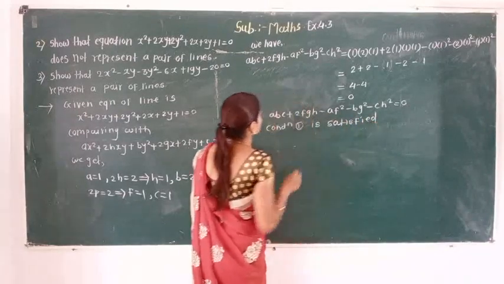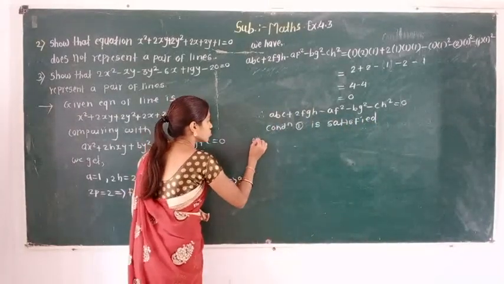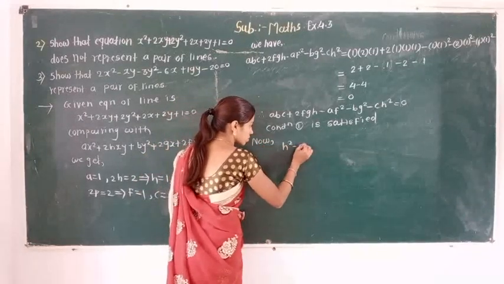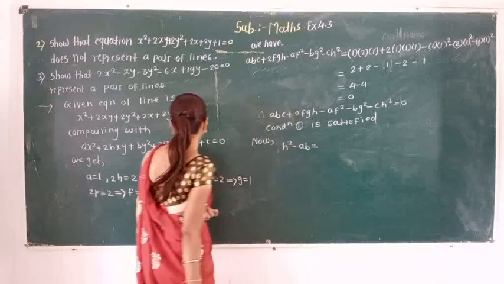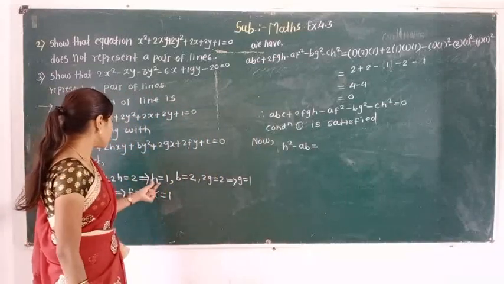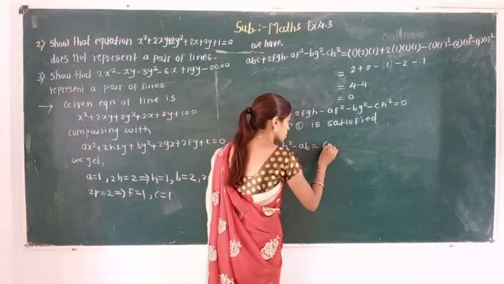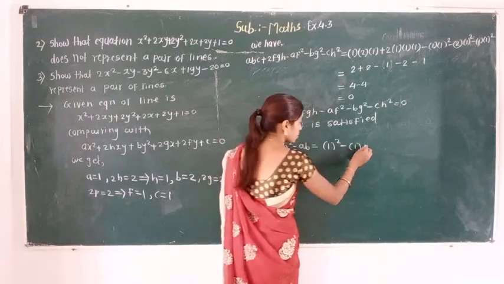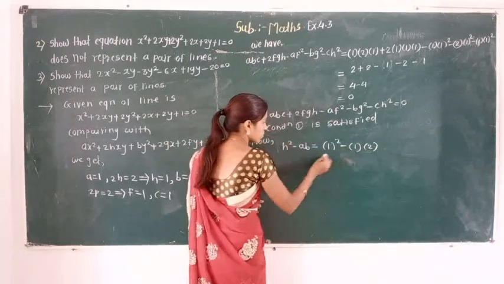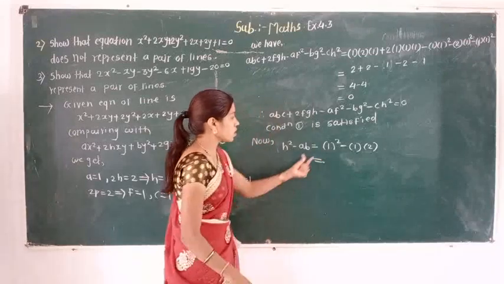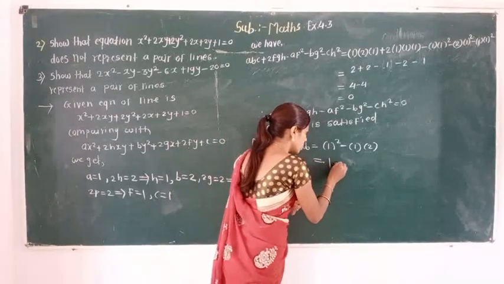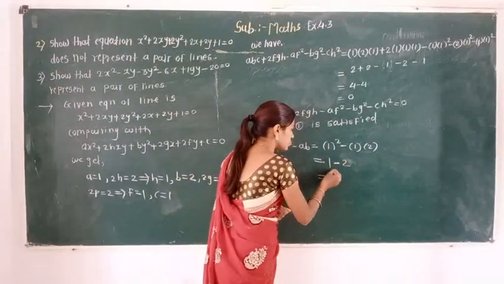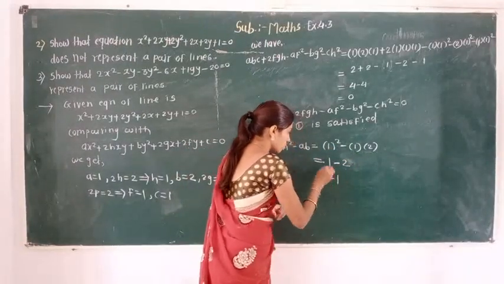Now we take the second condition: H square minus AB. We know that the value of h is 1, so 1 square minus a is 1, b is 2. Simplifying, 1 square is 1 minus 2 into 1 which is 2, and the difference between these two terms is minus 1.